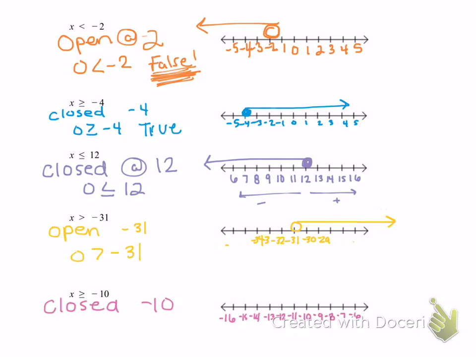I filled that entire one in so we can see how negative numbers work. So when I'm doing a closed circle at -10, here we go. Now let's go ahead and do our arrow. We plug in 0 is greater than or equal to -10. That's true, so we would include 0 in our line. So we're drawing over the numbers that are bigger than -10.